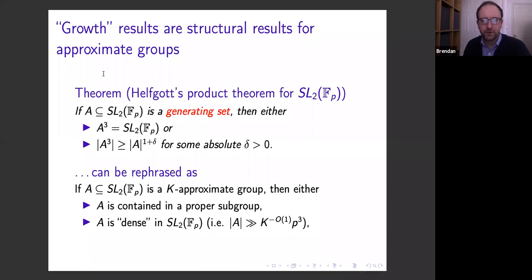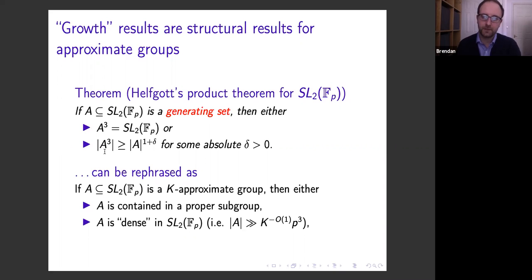Helfgott proved a product theorem, or a growth in groups theorem, for SL2 over the prime field F_p, which says that if you have a generating set, then either that set, when you take a threefold product, equals the whole group, or the set of threefold products is significantly larger than the original set.